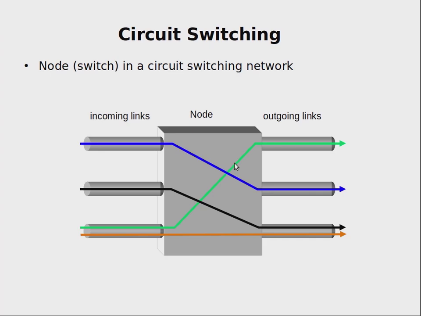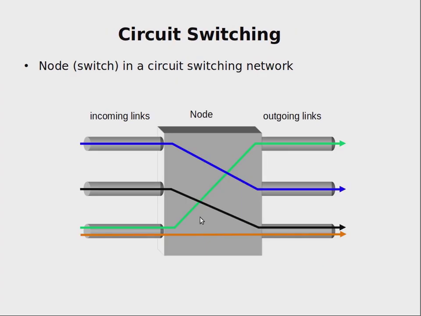So old school telecommunication networks were circuit switching networks. If you wanted to send voice from a telephone somewhere here to a telephone somewhere here, you had to establish an actual current path for this alternating current to go through these particular wires or cables.